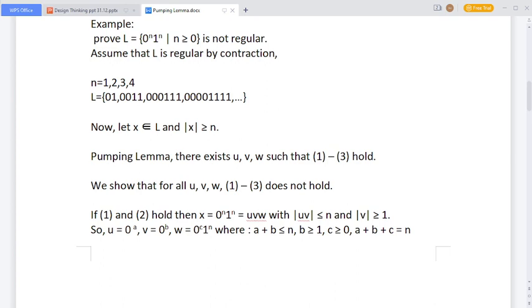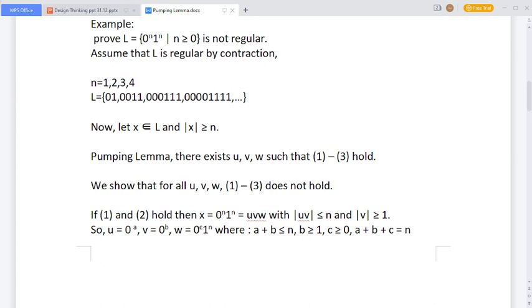Here we choose the total string. So 0 power n, in this n part, is split into A, B, C. Then we keep the 1 power n part as it is.